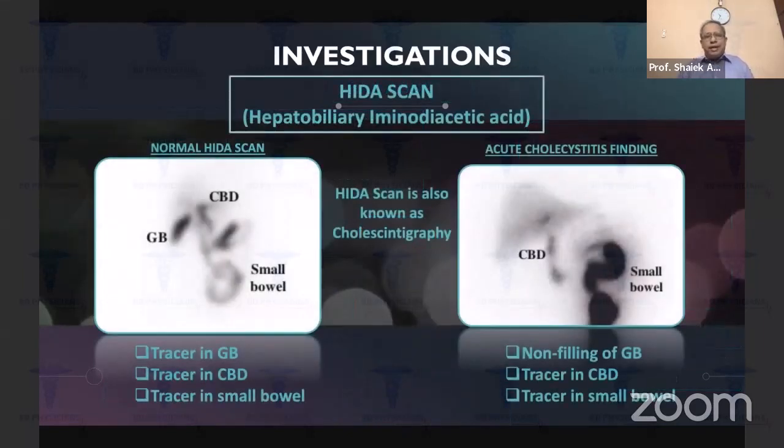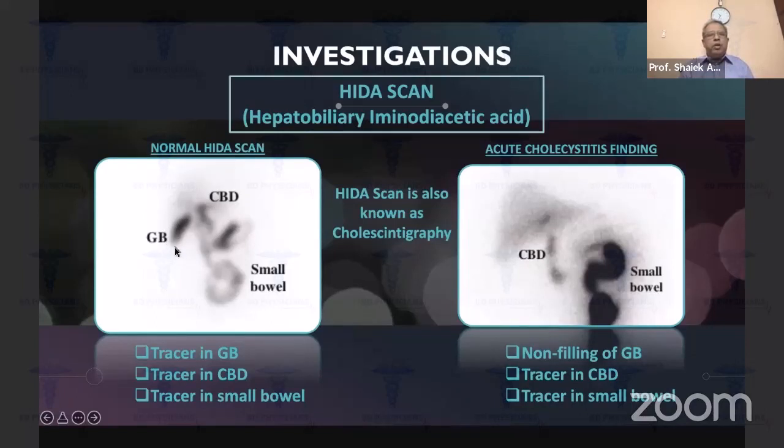The radionuclide scan. Nowadays, these tests are not usually done routinely. Previously, whenever ultrasonography was not available, these were very important investigations. So compare the two pictures. This is a normal radionuclide scan. That means the tracer has visualized the gallbladder.